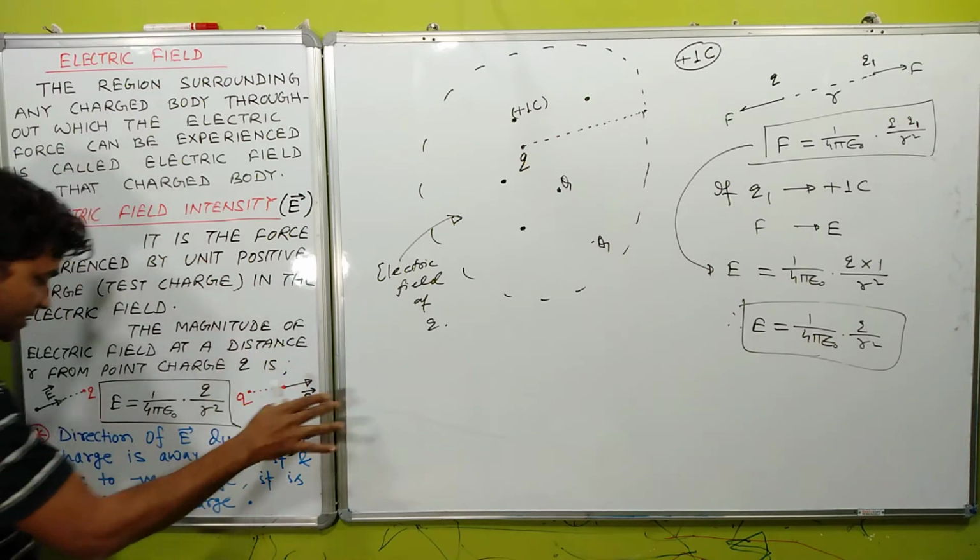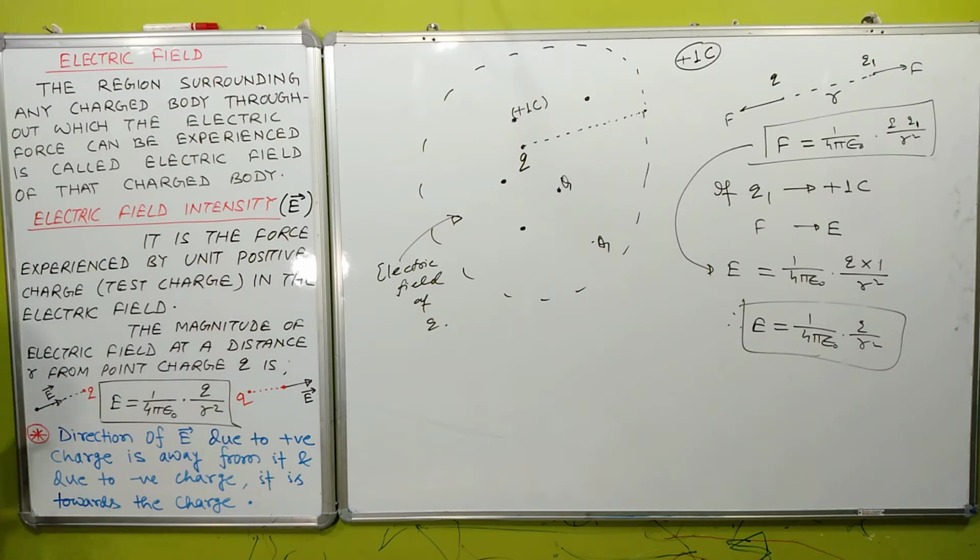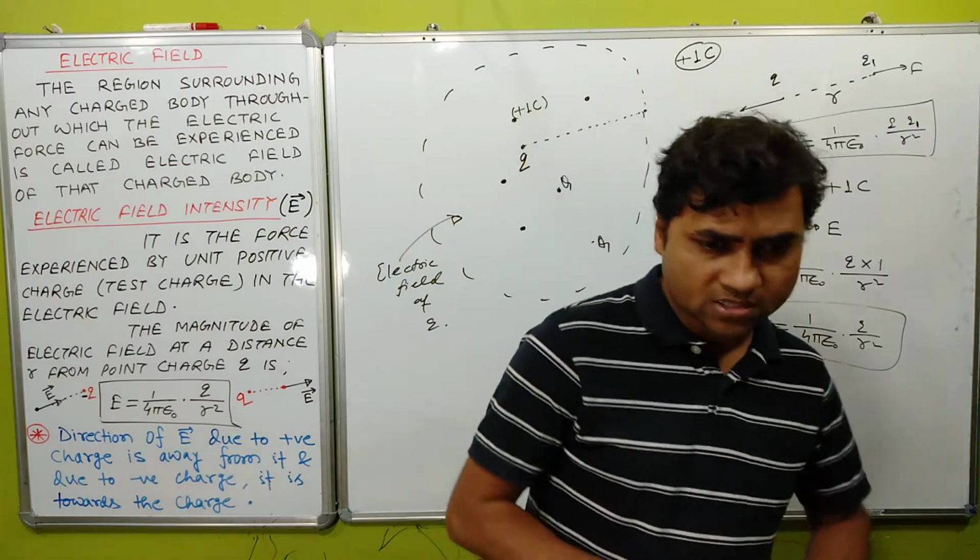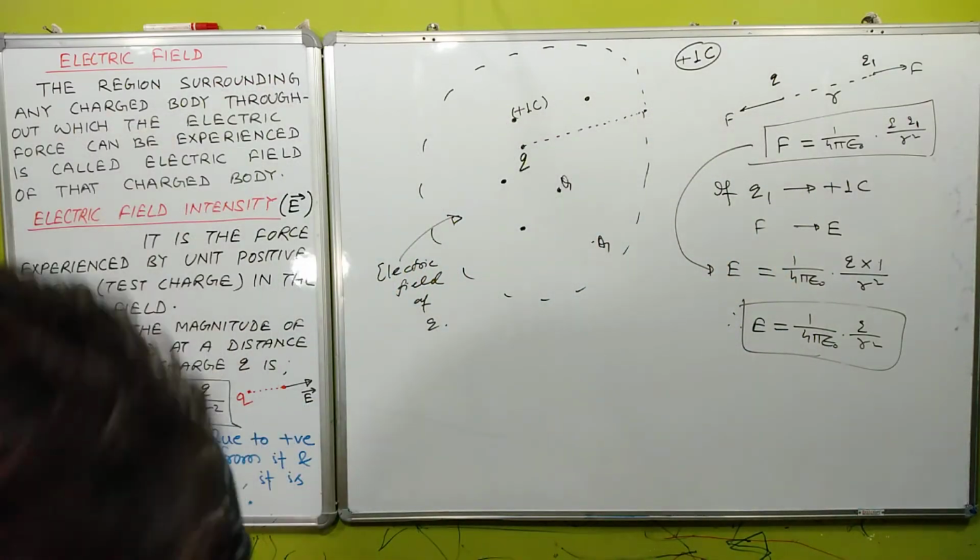And due to a negative charge, minus q, the direction of electric field will be towards the charge and along the line joining the charge and that point. Okay, let us see some examples, some questions, and thereafter your concept will be very clear.